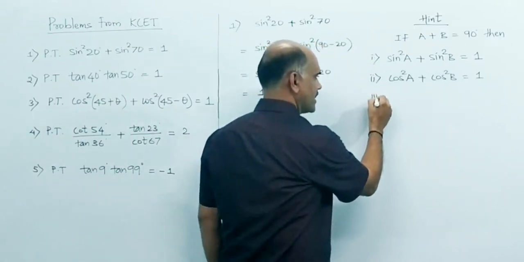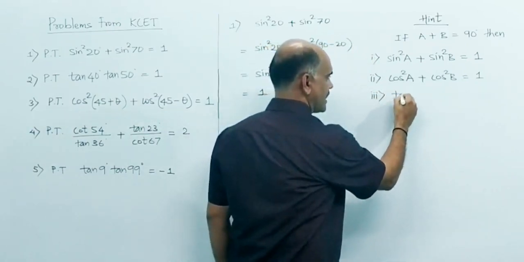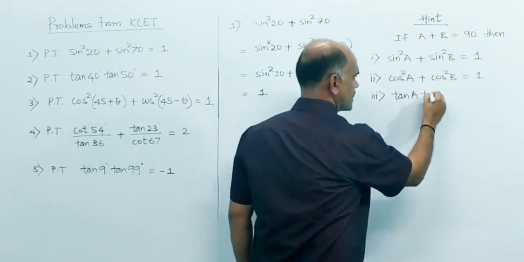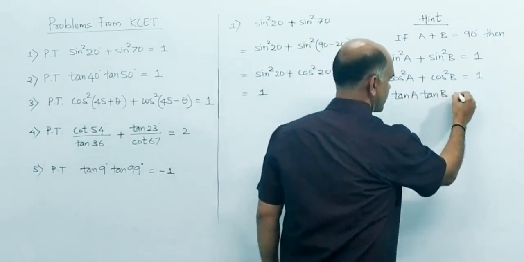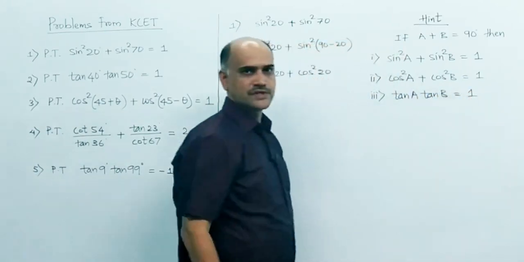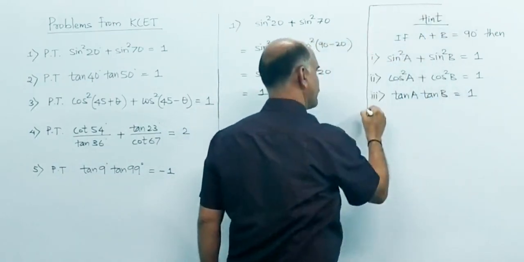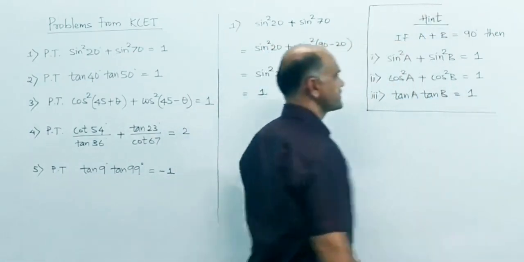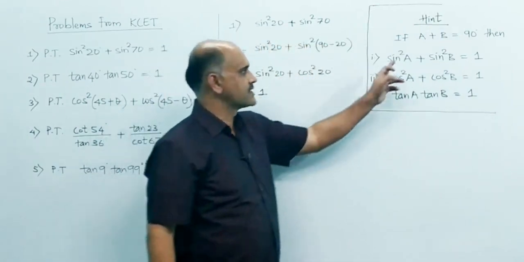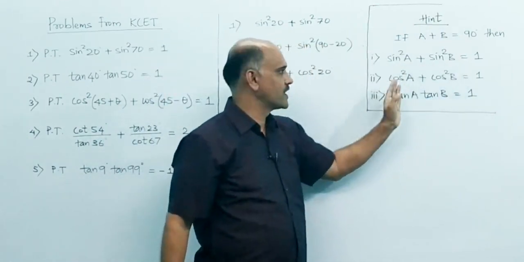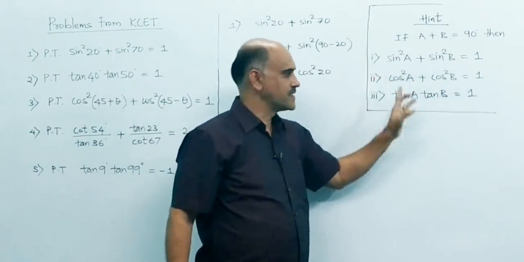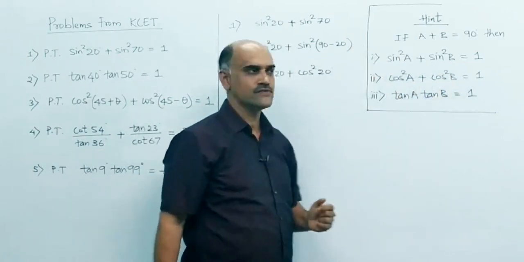And third, tan A into tan B is equal to 1. This is the hint which you are required to remember.